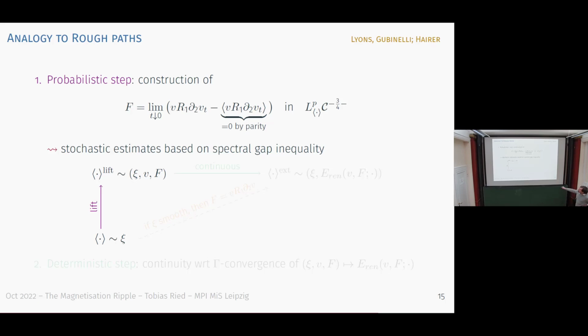we can take our noise Xi, lift it now to an object that combines Xi with V, which I keep here, although it is redundant because Xi and V are in one-to-one correspondence. We can enhance our objects by this renormalized product. And here you can think of something similar to what you do in rough paths.